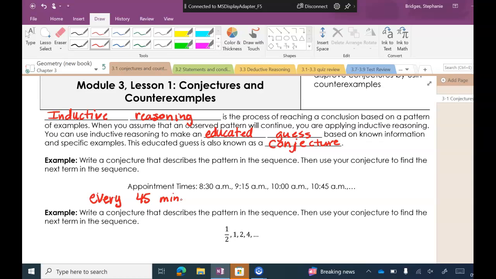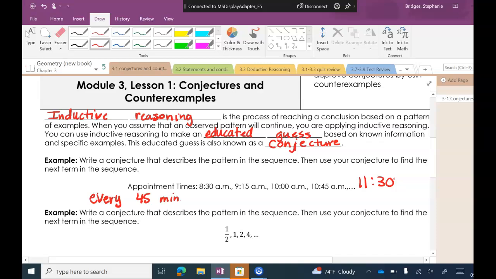Close. 11:30. So my next appointment time would be 11:30. Okay, so two parts to the answer. We had to first figure out that these appointments were happening every 45 minutes, and then figure out the next appointment time after that. Does that make a little bit of sense? Okay.